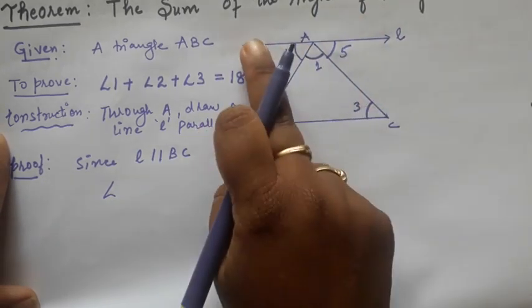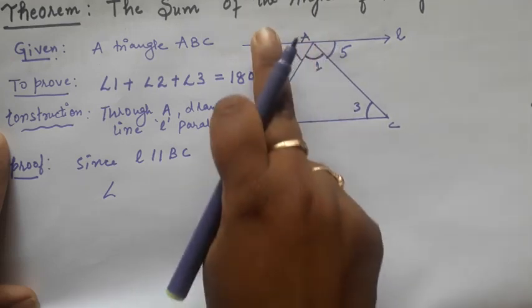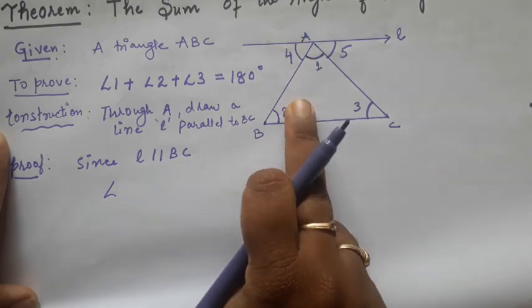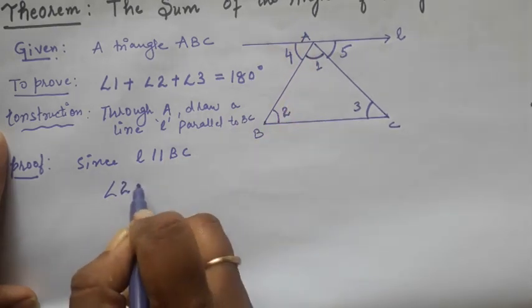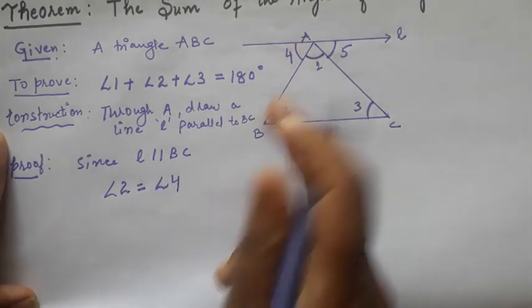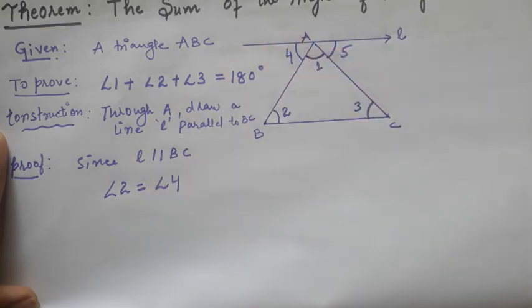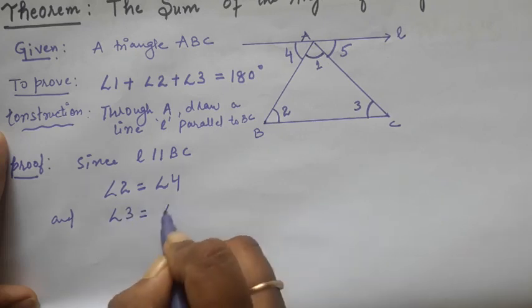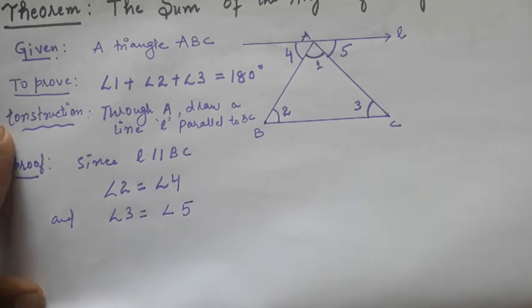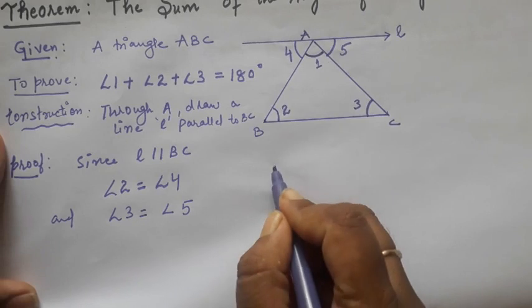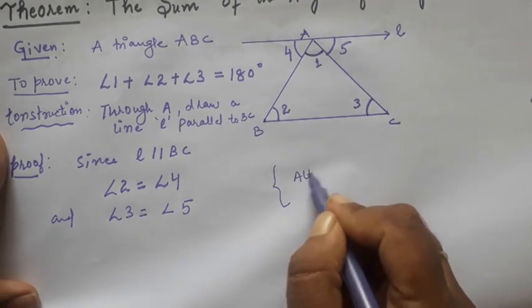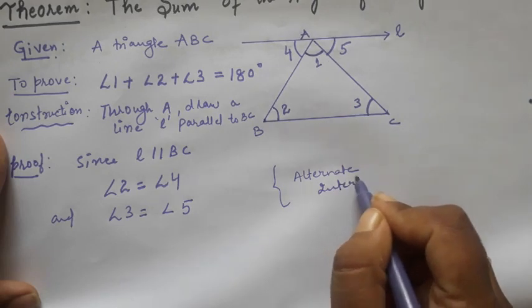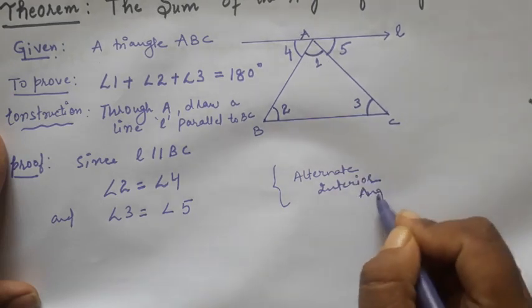So this angle and this angle are alternate interior angles, and we know that alternate interior angles are equal. So angle 2 will be equal to angle 4 and angle 3 will be equal to angle 5. We can write here: alternate interior angles.